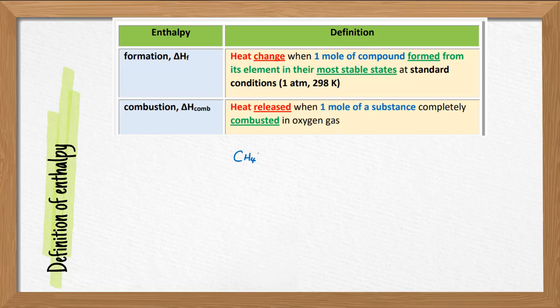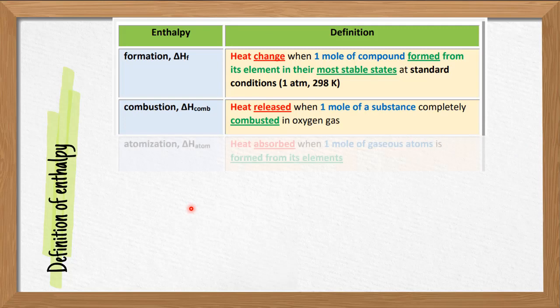When 1 mole of the substance is completely burned in oxygen gas, it will produce, and then you carry on with the equation, carbon dioxide and water. Then behind it, we have a delta H, which is a negative value. So for enthalpy of combustion, our focus will be on the CH4. This substance which is going to combust needs to be 1 mole.